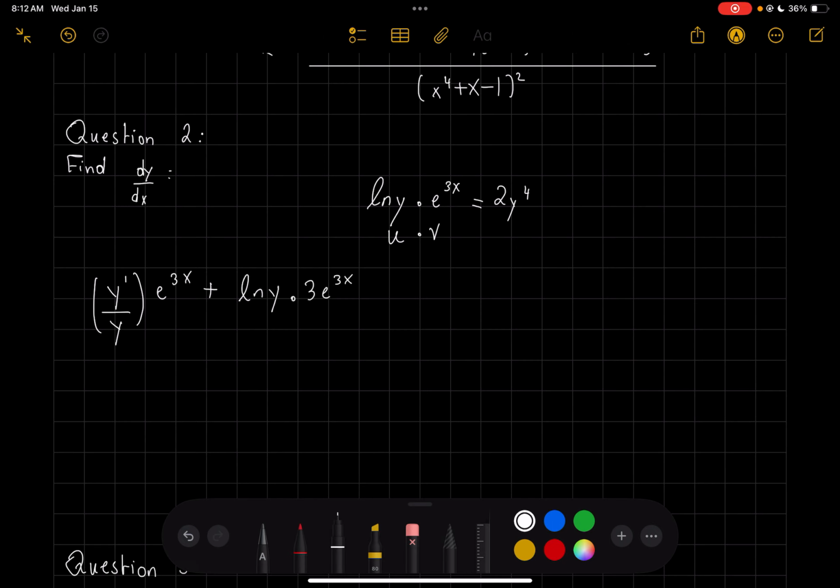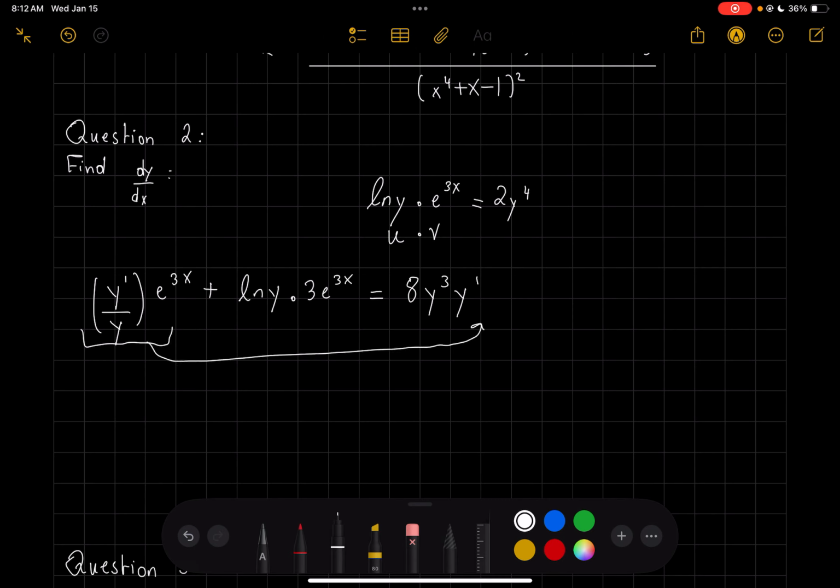V, e to the power of 3x, plus ln y, 3e to the power of 3x, equals 8y to the power of 3 y prime. Alright, because 4 is going to go down, so 4 is multiplying 2, 8, and then the exponent remaining will be 3 y prime. Now the thing is, we have to keep the y primes together, so I'm going to move this term all the way over here.